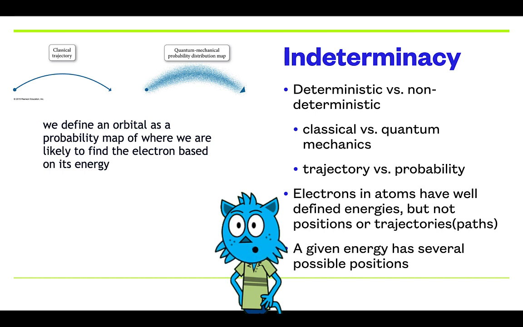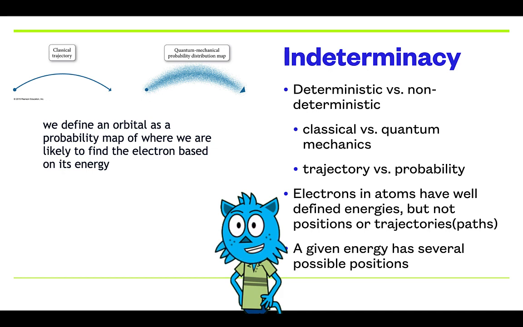However, a quantum mechanical distribution map would look something like this. Now we see that we have a general probability along the exact same arc, and there the probabilities are densest. So that's probably where our cannonball would follow. However, there is also a chance that it'll be down here or over here or up here somewhere during the course of its travels from one point to another.